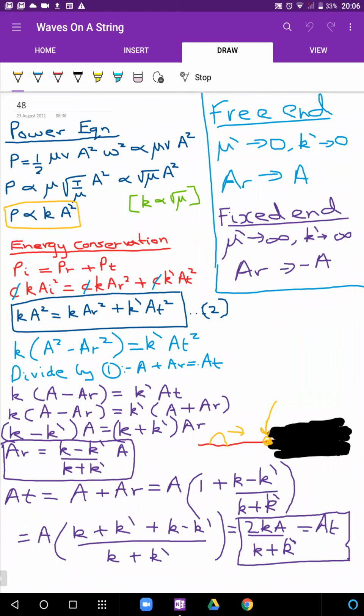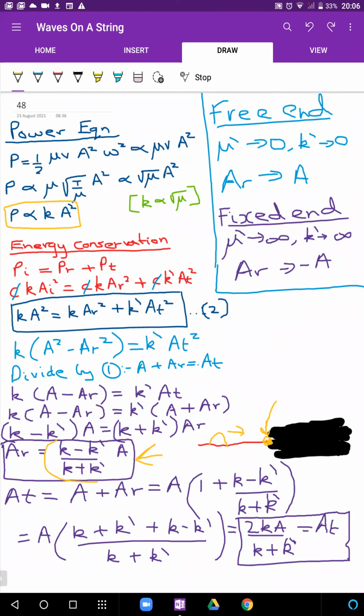What we'll do, ये जो formula आया, इस formula में हम second string को बहुत भारी कर देंगे. Second string को भारी करने का मतलब उसका linear mass density infinity डाल दिया and k dash को भी infinity तक लिया because k dash is root mu. So k dash also tends to infinity. When that happens, use your concept of limits.